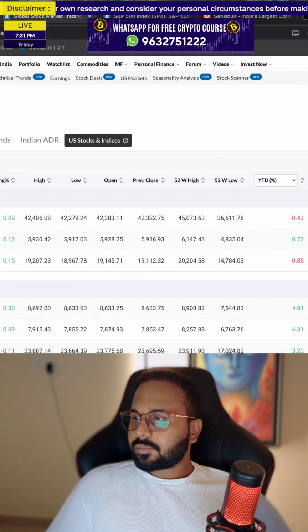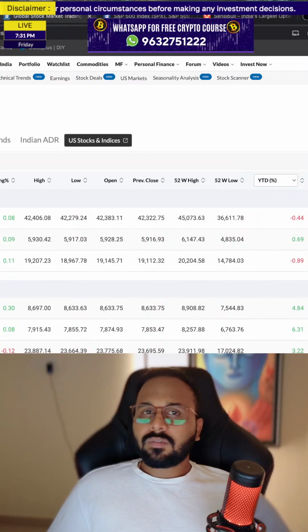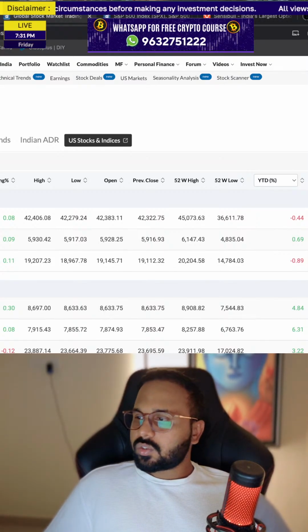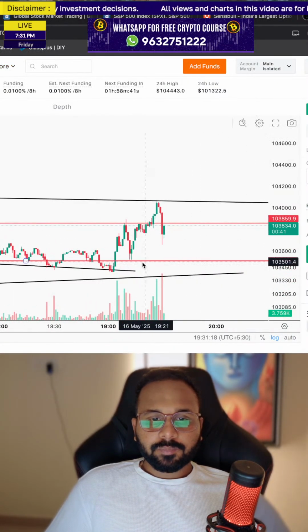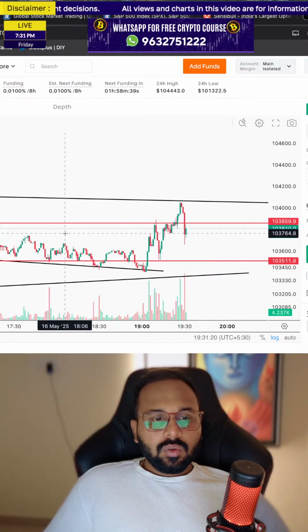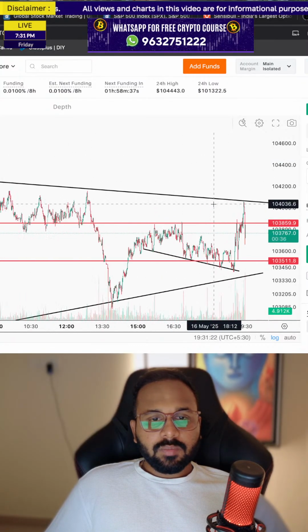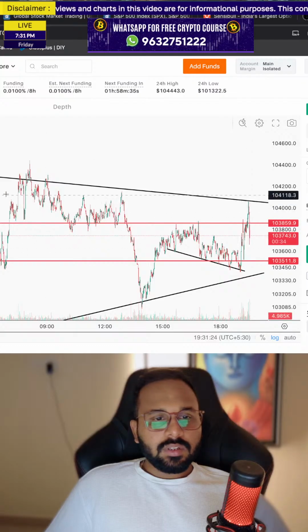Nasdaq has given a breakout, and the breakout has again converted to failure. It is at cost to cost, so no big change there also. So in that case, if next opportunity, if market is breaking above this level, we will see.